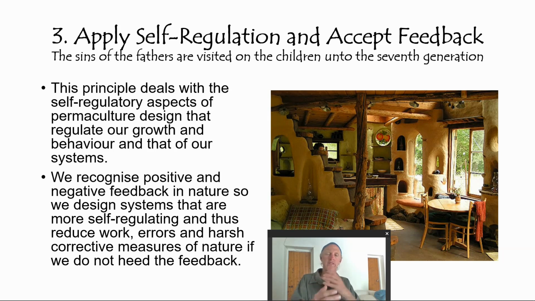Okay, and so we need to recognize that there's positive and negative feedback in nature, and we need to design systems that are more self-regulating and reduce work and reduce errors and the harsh corrective measures of nature that come as a result of those errors, okay?